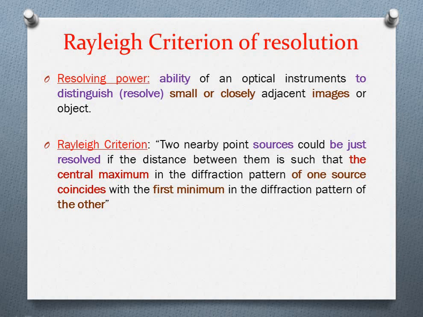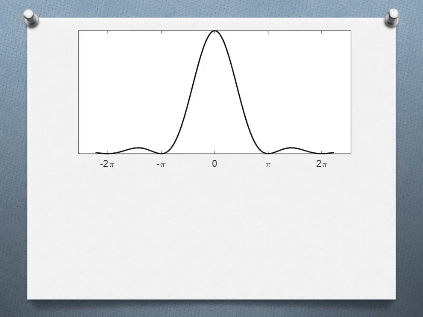Now you can understand this clearly by looking at it graphically. Suppose this is the diffraction pattern formed by the first object, and this is the diffraction pattern formed by another object.